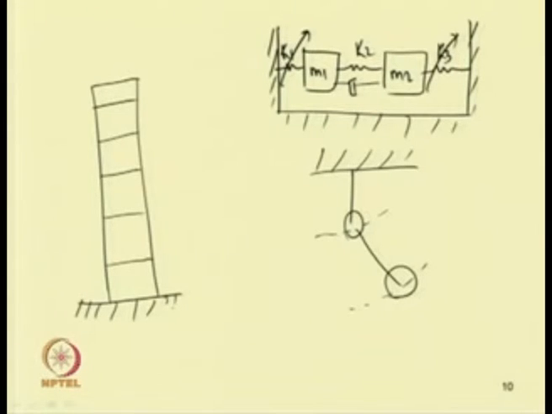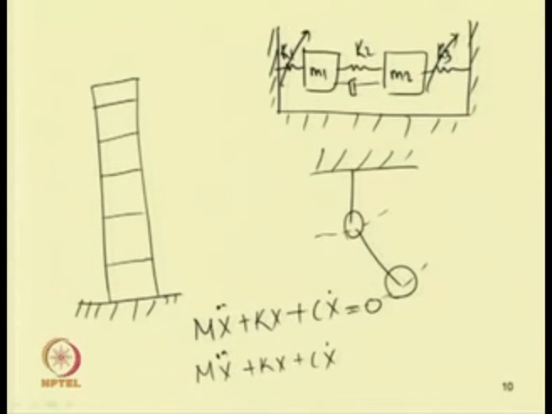in those cases. So, for the linear multi degree of freedom systems, the equation becomes m x double dot plus k x plus c x dot equal to 0, but for nonlinear, we can add the nonlinear terms. So, we can write m x double dot plus k x plus c x dot, and here the nonlinear terms can be added.